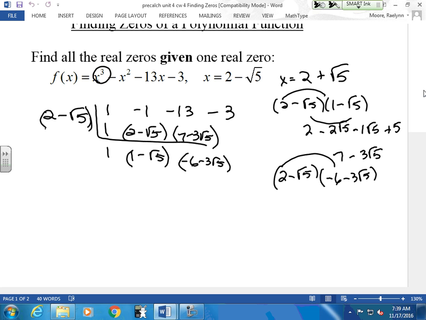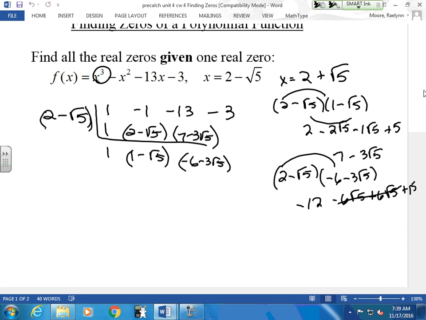So I get negative 12. I get negative 6 radical 5. A negative times a negative gives me a positive 6 radical 5. And the last thing I do is a negative times a negative. I get a positive 3 times 5, which is what? 15.